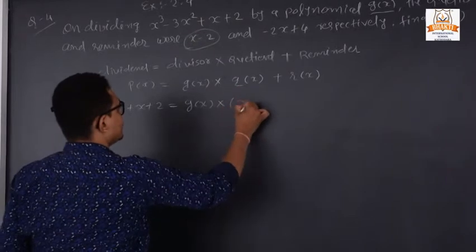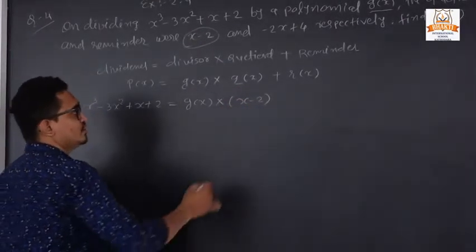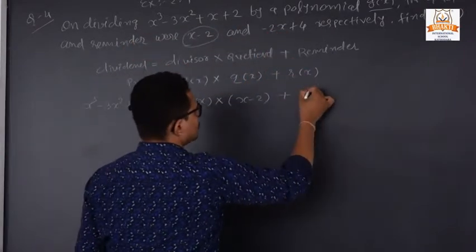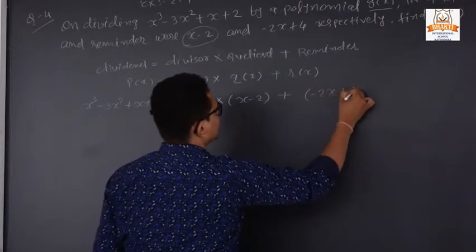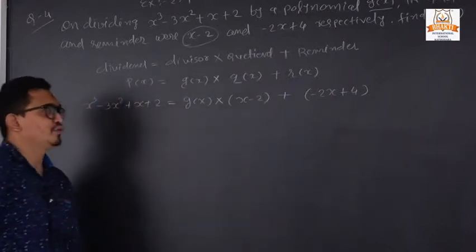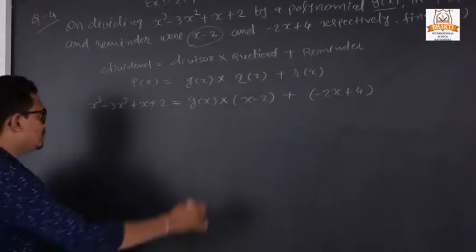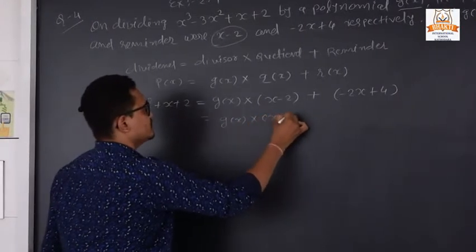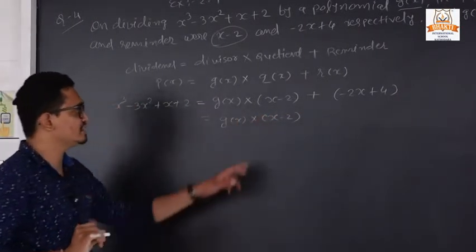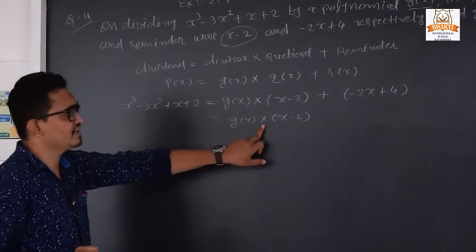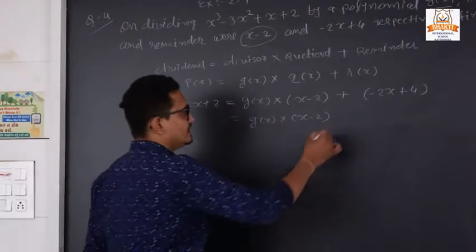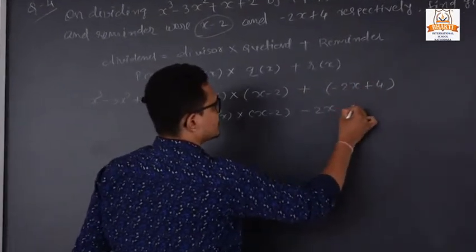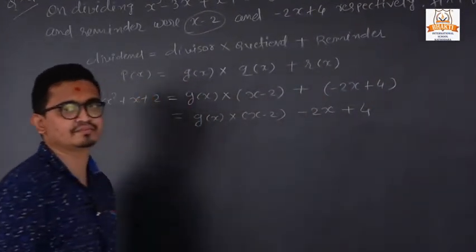So here we can put x minus 2 plus the remainder, which is also given. The remainder is equal to minus 2x plus 4. Now g of x into x minus 2 will remain the same because it has the multiplication sign. Here we have a multiplication sign, and plus minus it will be minus, and plus plus it will be plus.